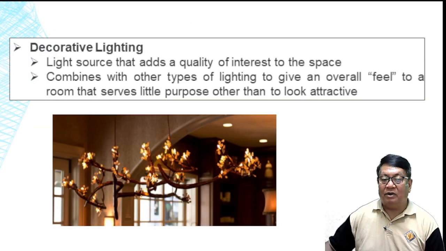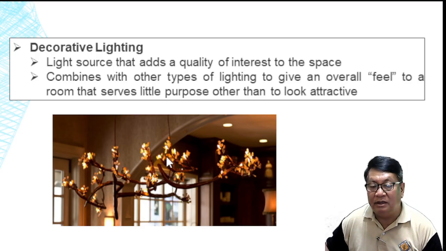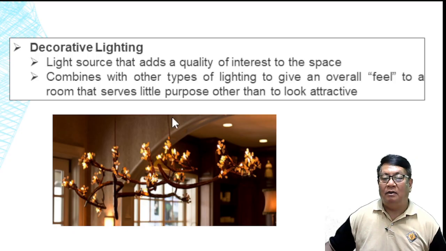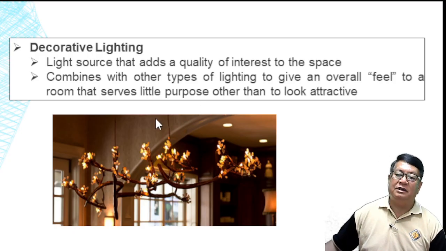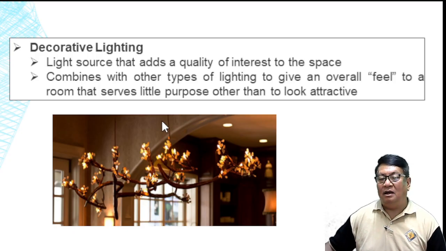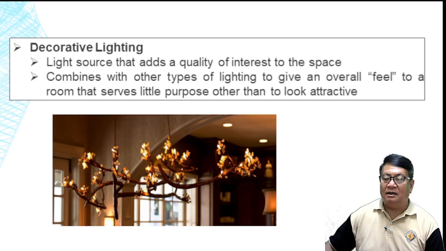Then we have also decorative lighting, no? So okay, these decorations here are lighted, so that we'll be able to see the additional beauty of our installations, or it might be attractive to our clients and visitors.